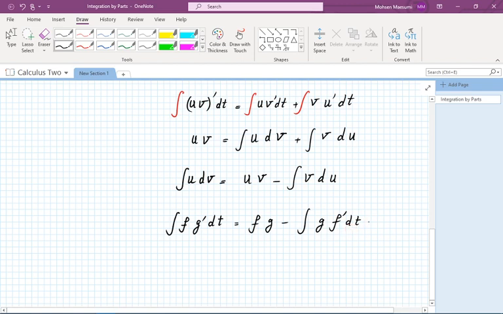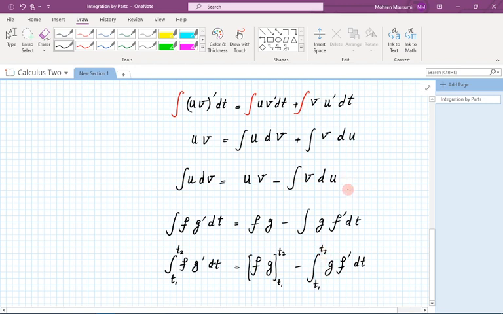Sometimes you apply this to a so-called definite integral, meaning the integral is calculated from some number to some other number. So we write it like this: the integral of f g prime dt from time t1 to time t2 is equal to f times g, evaluated from t1 to t2, minus the integral of g f prime dt, also calculated from t1 to t2.